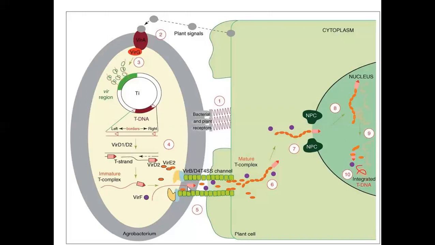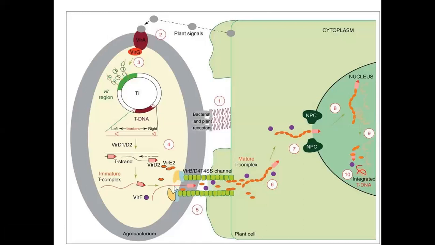The target mRNA enters into plant cells through the channels with the help of virulent protein F. Then the target mRNA participates in reverse transcription.